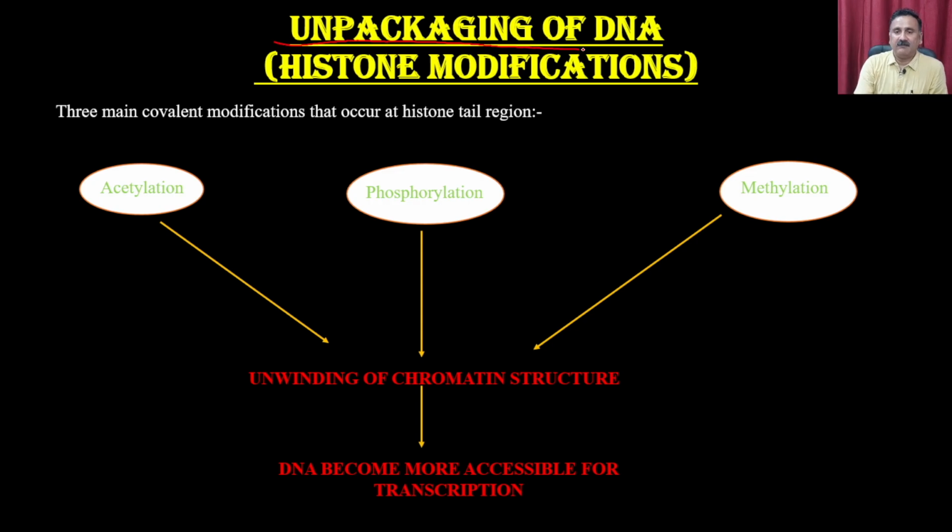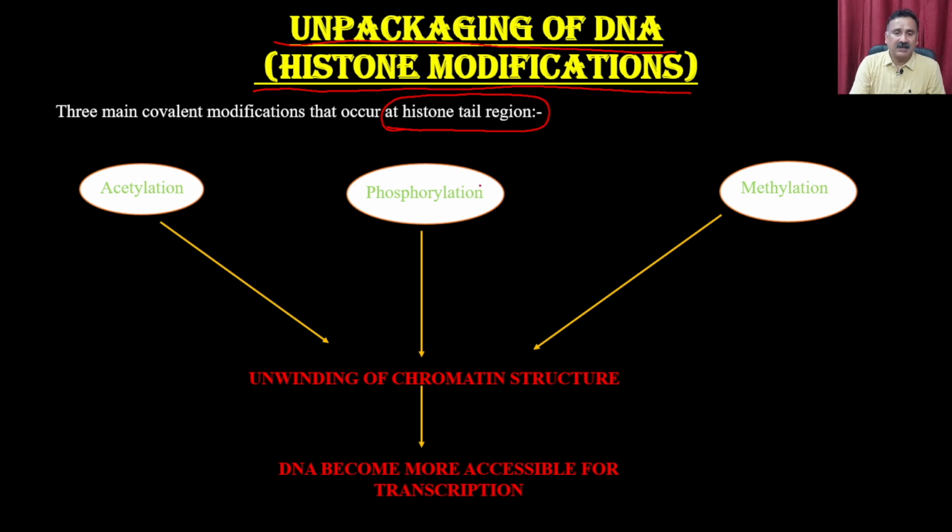The way we have discussed the packaging of the DNA, in the same way the histones have crucial proteins which are going to participate in the unpackaging of the DNA or the unbinding of the DNA. So histones have the tail region, right? Remember that the tail region is important for histones to be assembled with each other, and that's how they bind the DNA.